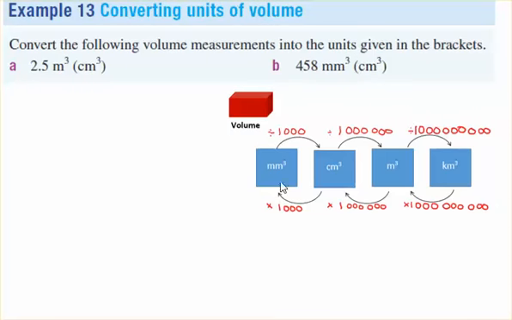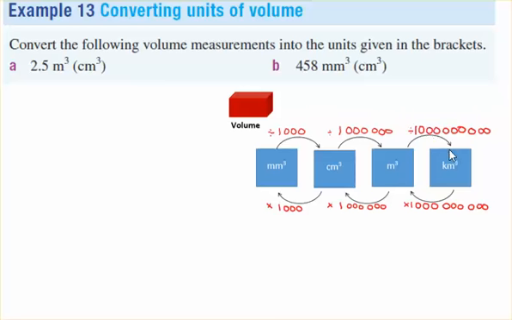And this is interesting because look at the size that we have to divide by. The magnitude is much higher. So going from millimeters cubed or cubic millimeters to cubic centimeters, we divide by 1,000. Going up to cubic meters, divide by 1,000,000. Going up to cubic kilometers, we divide by 1 billion.